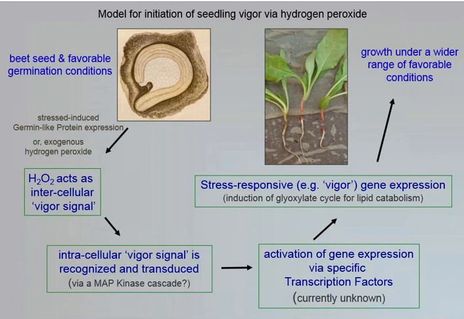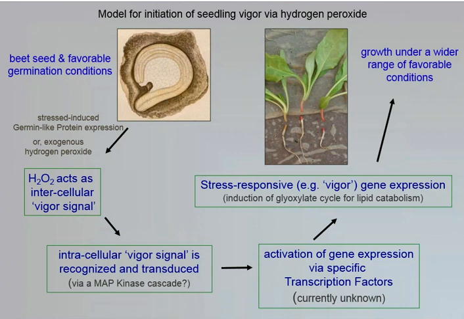But these are actually very difficult for people like myself to work on because we've got too many phenotypes that we're looking at and too many plants, which would suggest an activation of gene expression via specific transcription factors, and these are currently unknown. But we do have an induction of the glyoxylate cycle, which is very specific to seed germination and very well characterized in other lipid-utilizing seeds.